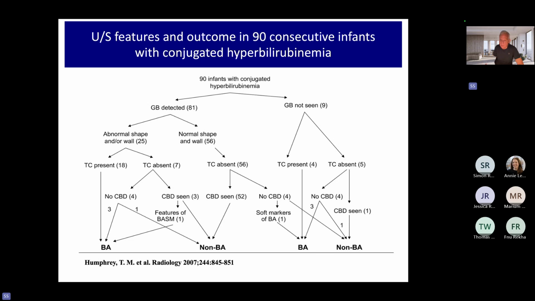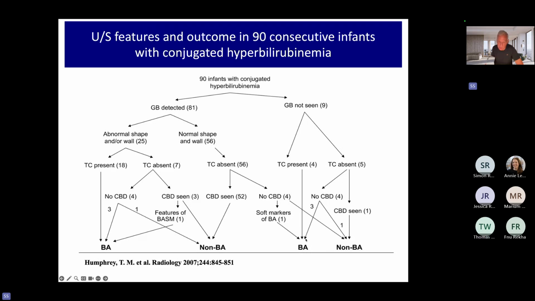Of those who had a triangular cord sign, all of them had biliary atresia. Where the triangular cord sign was absent, 4 out of 5 had no common bile duct seen. Of those, 3 had biliary atresia. So when the gallbladder was not seen and the triangular cord sign was absent, we still had 60% who ended up with biliary atresia.